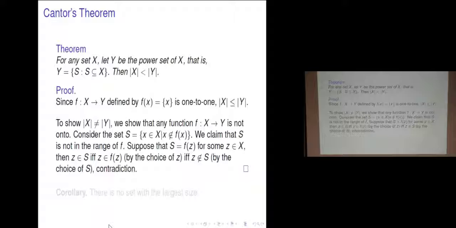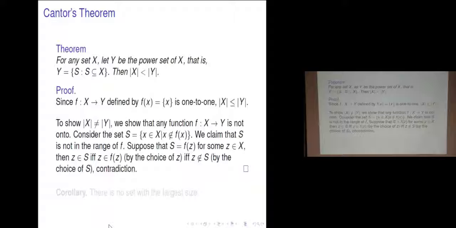This is a little bit like Russell's paradox, right? So okay, let's figure out what it is. So f(x), f is from X to the power set. So f(x) is a subset of X, right? So it makes sense to talk about small x. Are you in the set or are you not in the set? Okay? So I will collect x if you are not in the set.